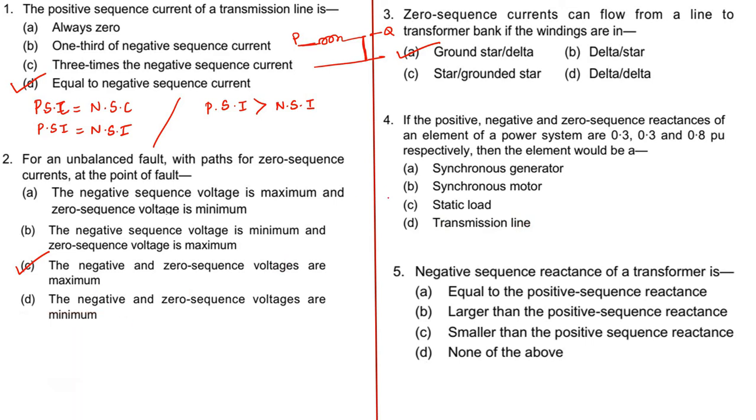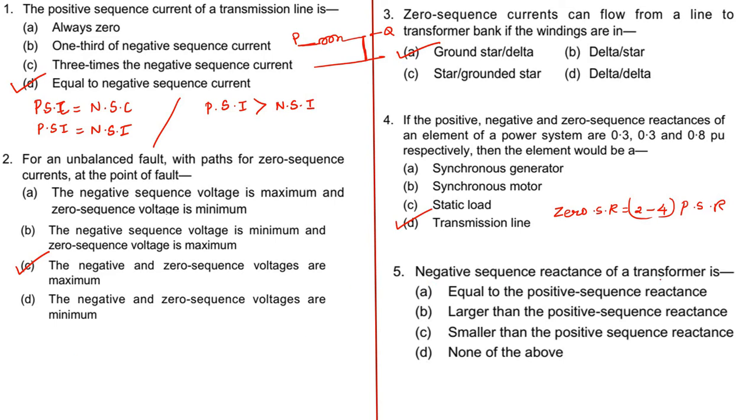Option D, transmission line is the correct answer. In a transmission line, positive sequence reactance is equal to negative sequence reactance, but the zero sequence reactance is 2 to 4 times the positive sequence reactance. So the option D.